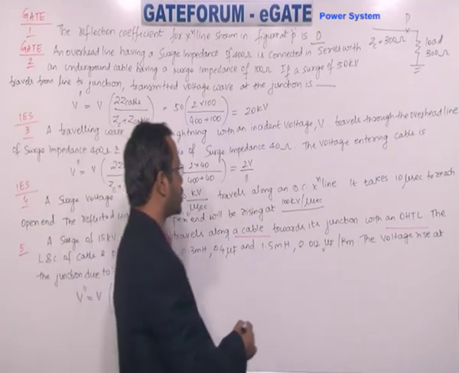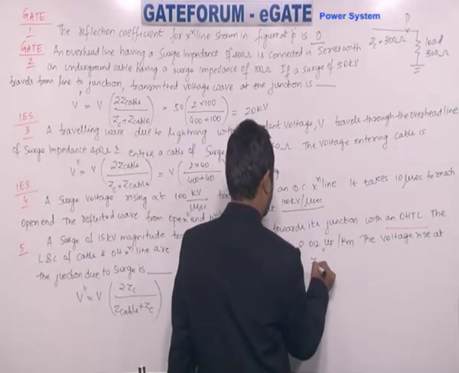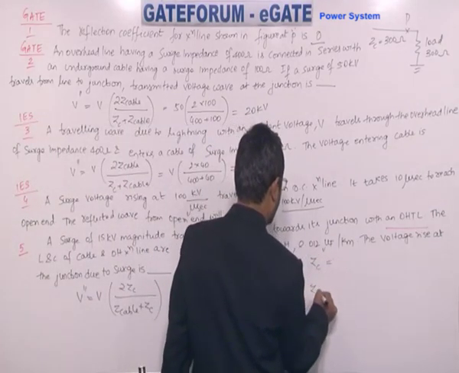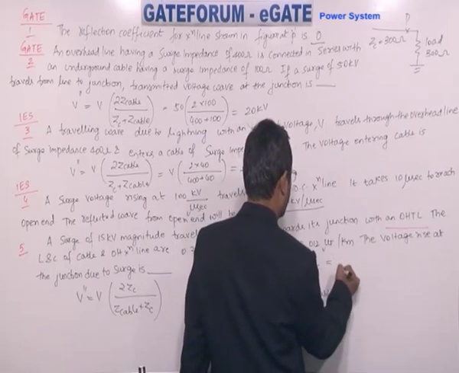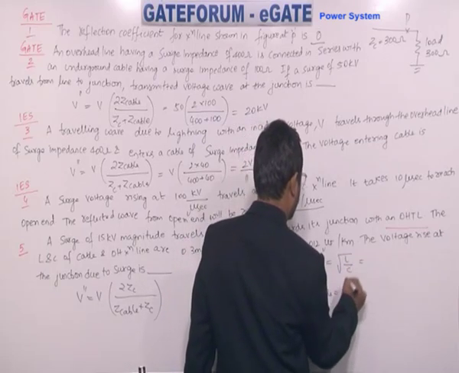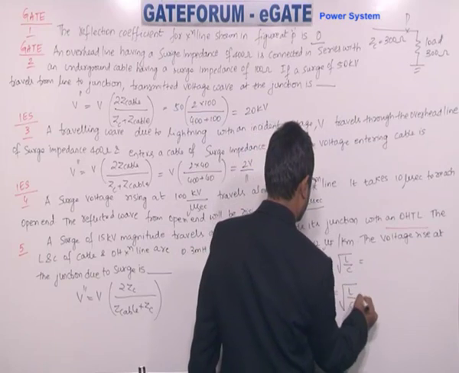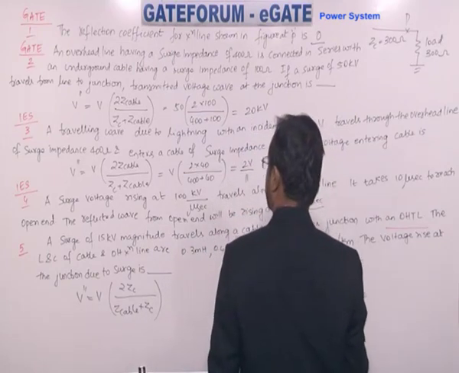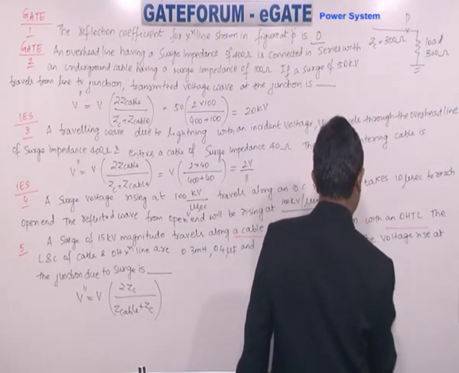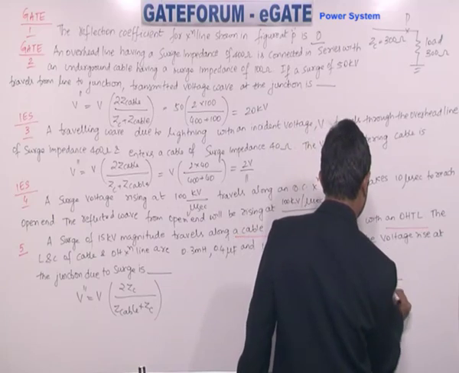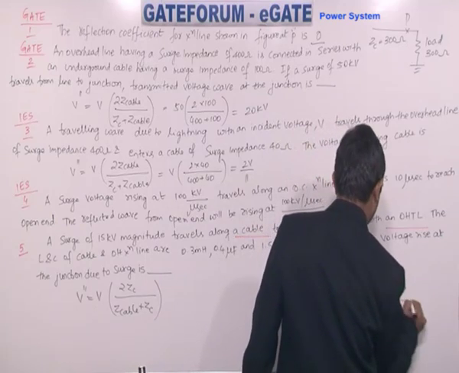How to find out these two impedances? ZC and Z cable, you know the formula is square root of L by C. First substitute for cable, 0.3 millihenries, 0.4 microfarads.